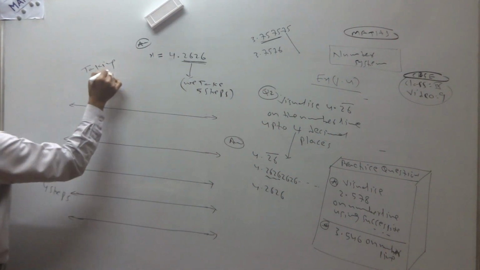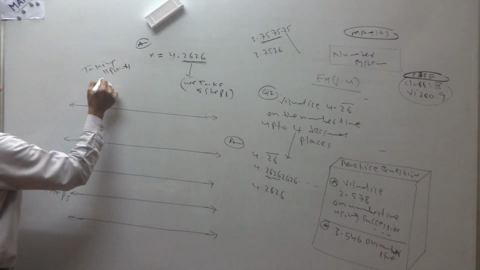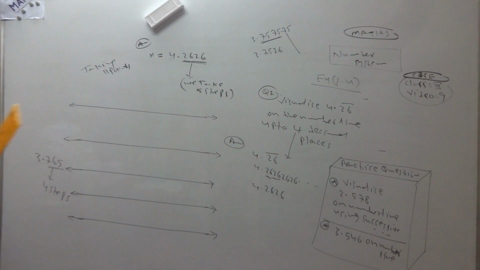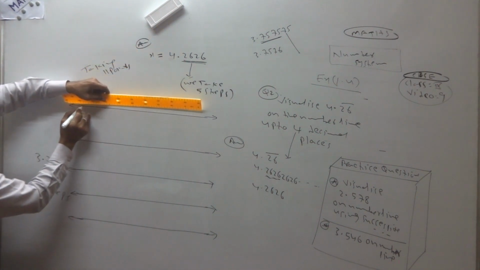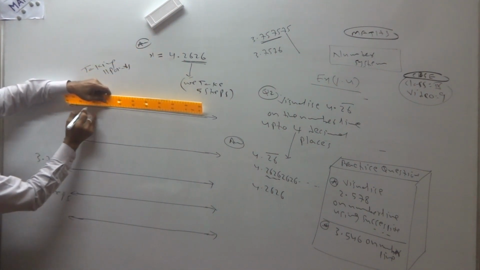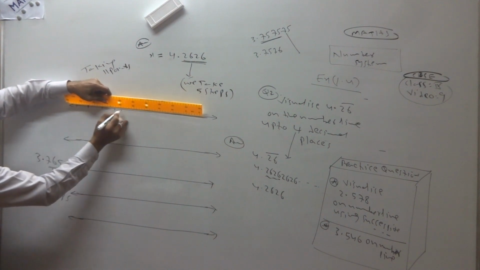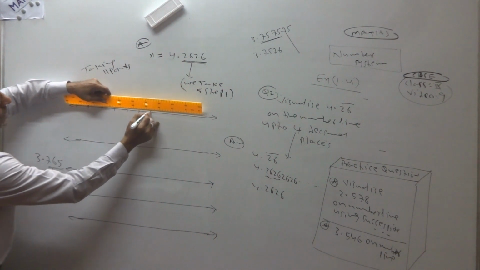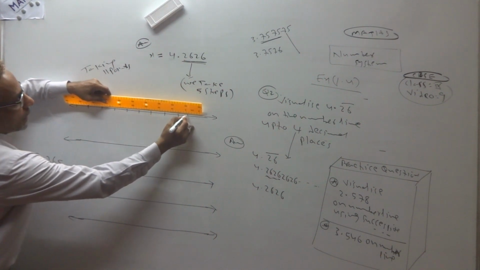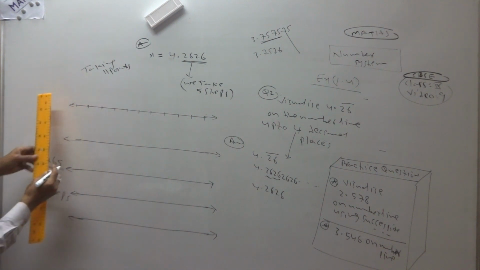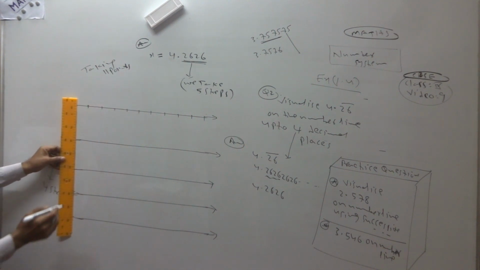Taking 11 points. Okay? From your scale, this is 1 centimeter. This is 1, 2, 3, 4, 5, 6, 7, 8, 9, 10, 11. From your scale you can take 1 centimeter gap on your normal scale. So you take that. Now here, you take like this.